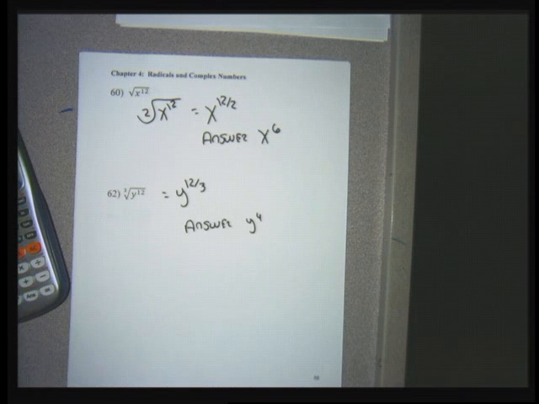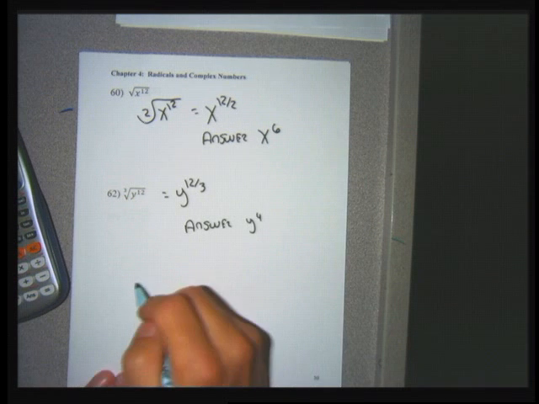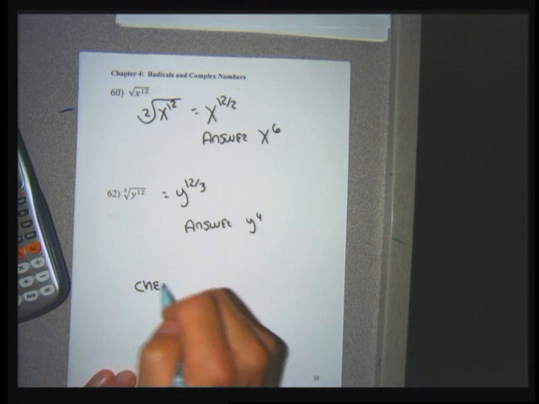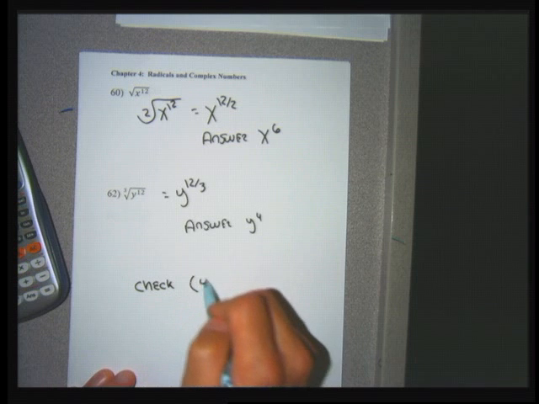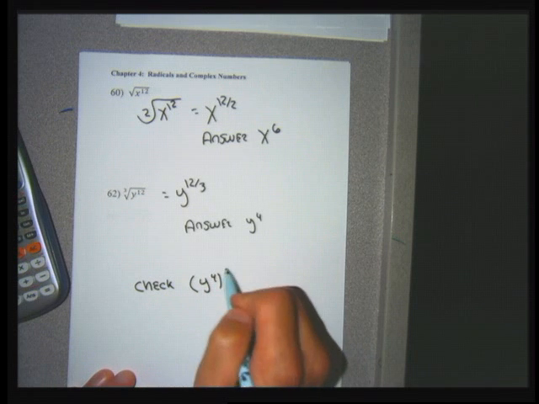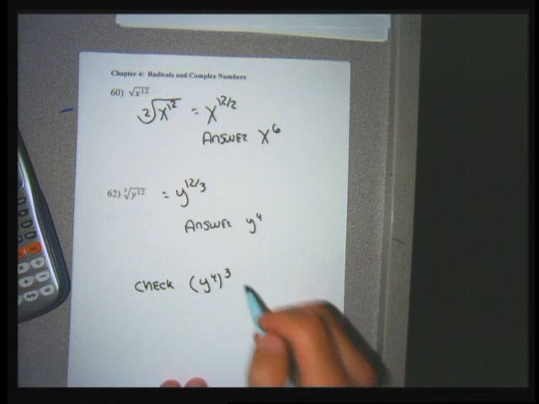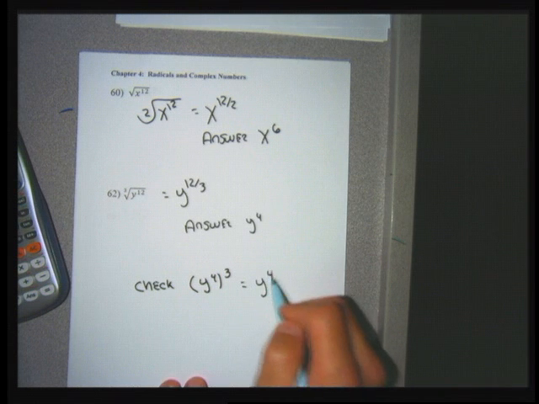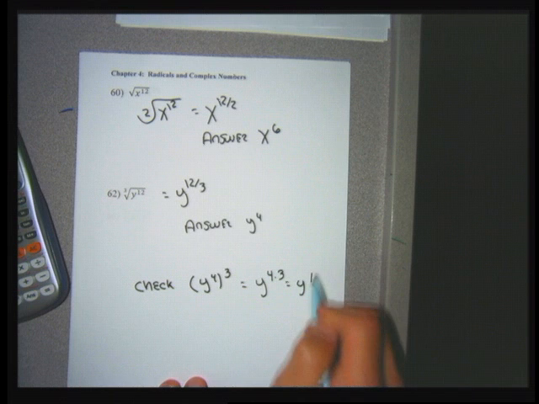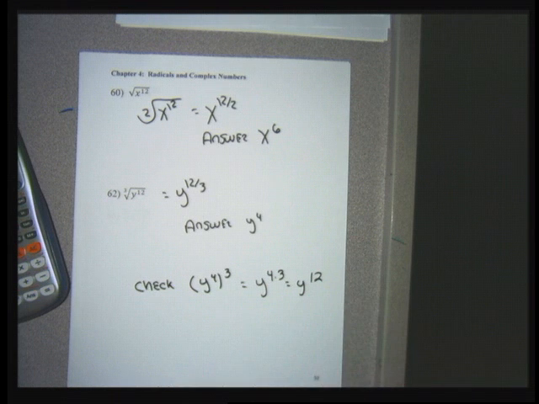I'm not going to check these, but they're easy to check. Well, let me check this one. To check this, for an answer to a cube root, whatever I say the answer is, I have to be able to cube it and get what's under the radical. And y to the 4th cubed is y to the 4 times 3, which is y to the 12th. So it works just perfectly.